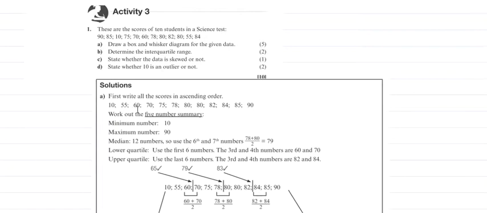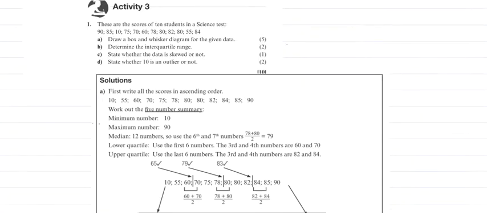Then we have 55, 60, 70, 75, 78, 80, 82, 84, 85, 90. Make sure that you do not leave out any of the numbers. You can tick off the numbers as you go along. So we have arranged the numbers in ascending order.